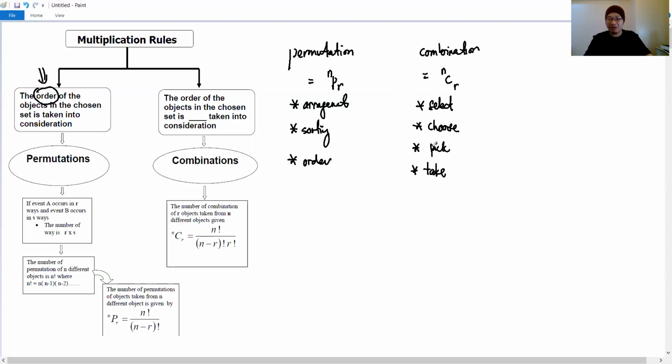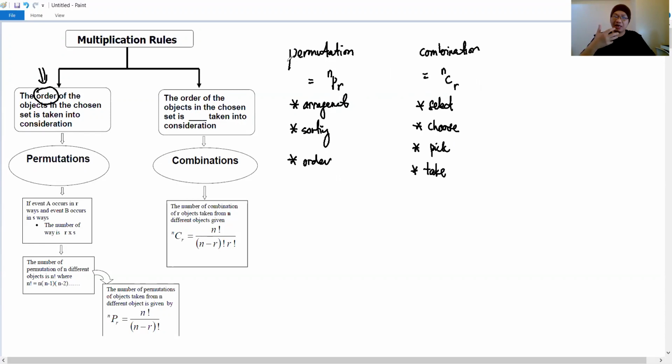Take is also a keyword of combination. So if your SPM question mentions one of these keywords, you need to know which formula to use. If you have the keyword arrange, you need to use nPr to solve the problem. So that is the keyword.